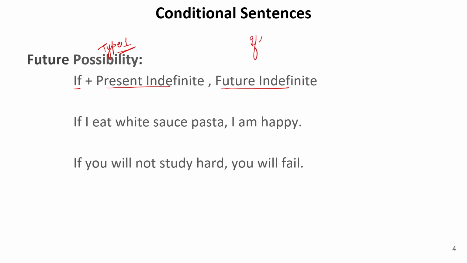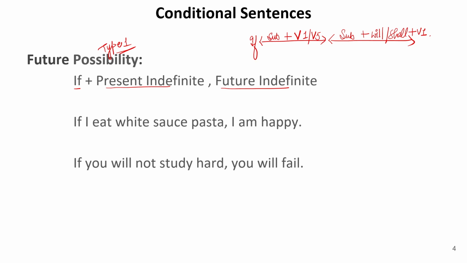The structure will be like: if, then we have subject plus verb first or verb fifth form according to the subject. Then in the remaining clause we have subject plus will or shall plus verb first form, because modals are always followed by the base form of the verb.